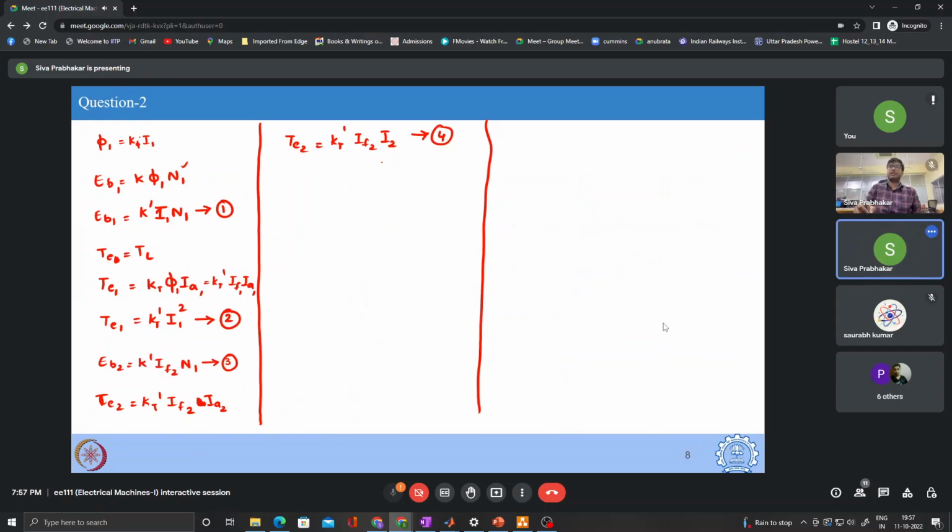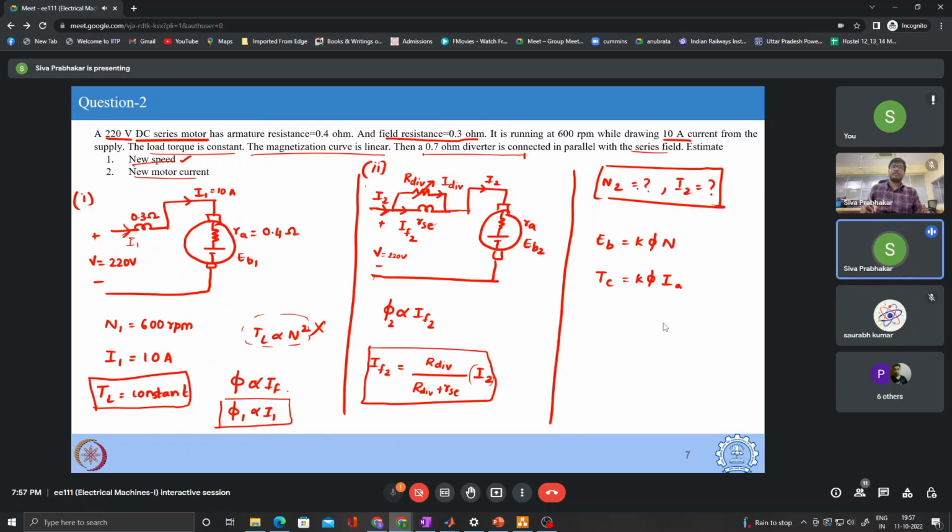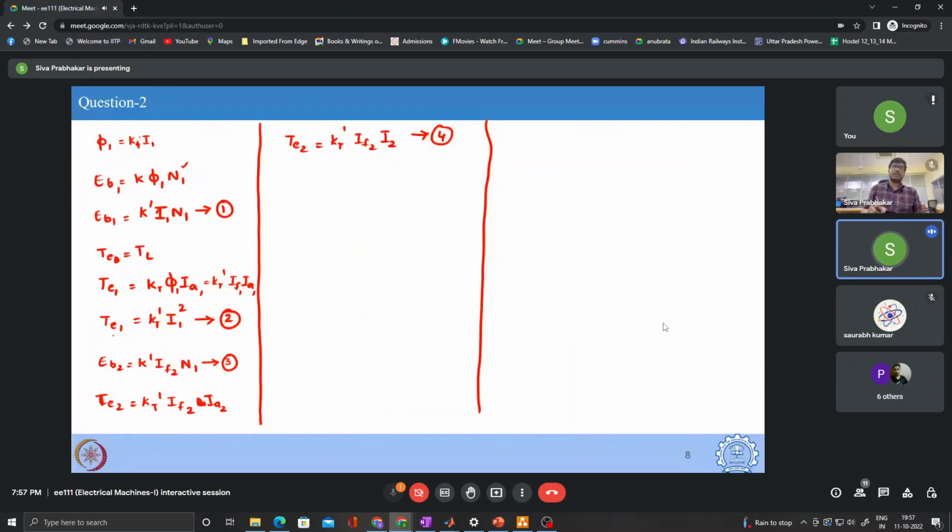It is different. That's why I have denoted it as a separate expression. In the first case, there was no diverter resistance, so I can use the expression I1 square. But here IF2 and I1 are different. And here also it is N2. Sorry for the mistake here. Okay, sir.